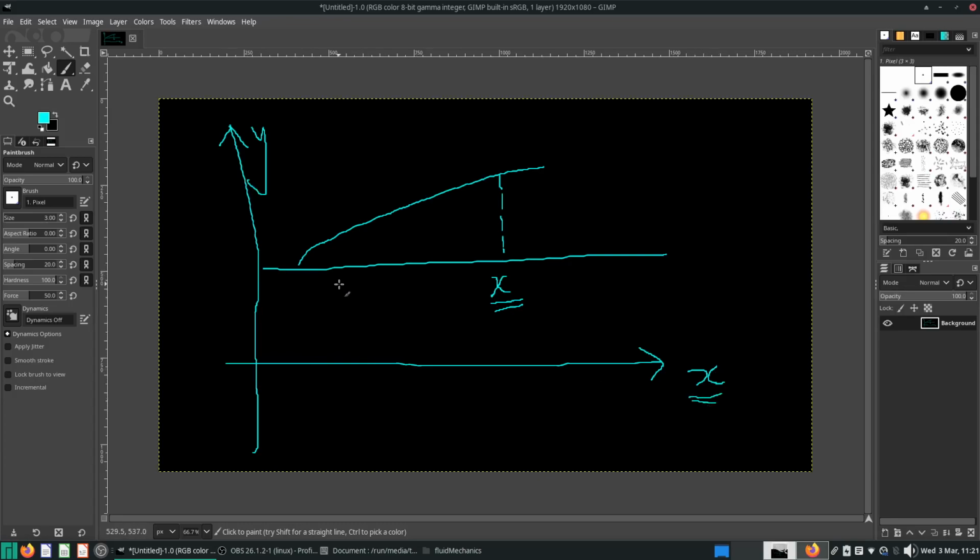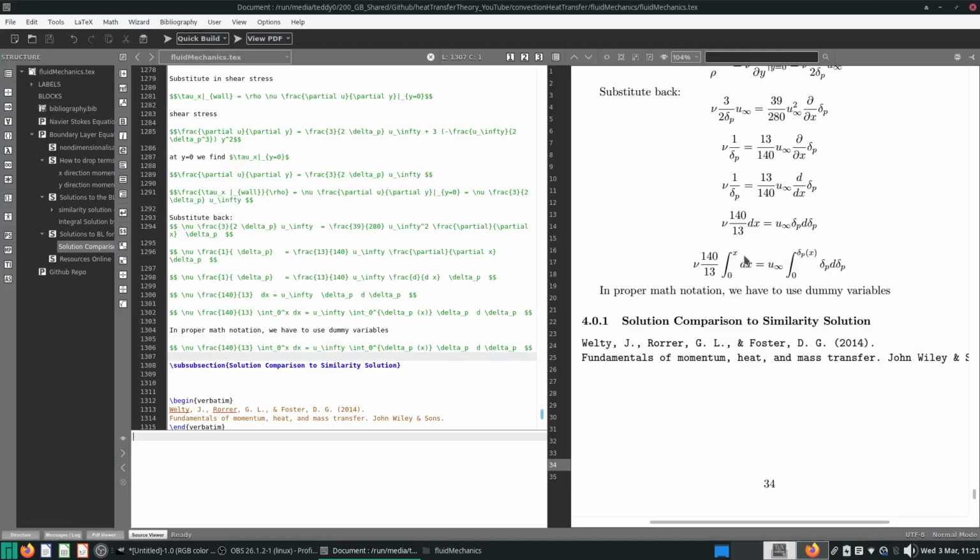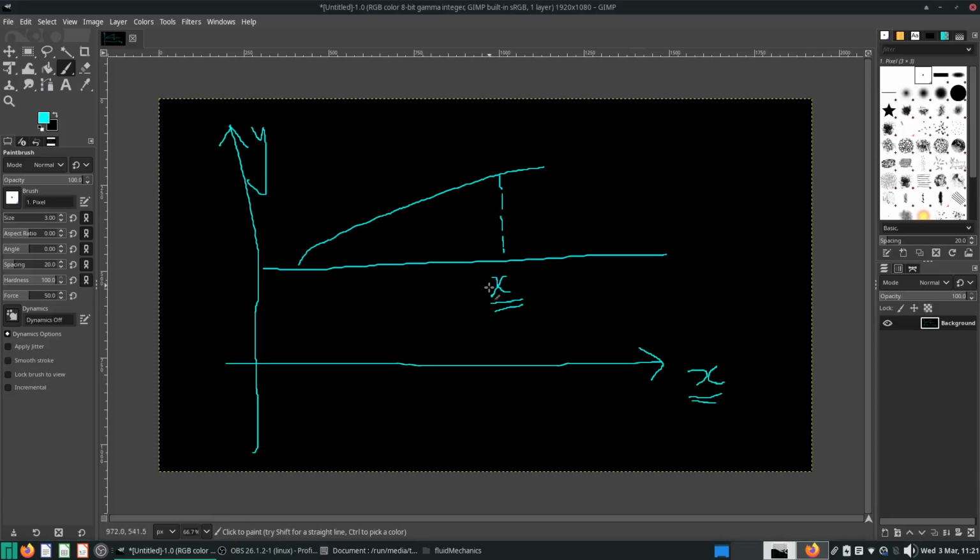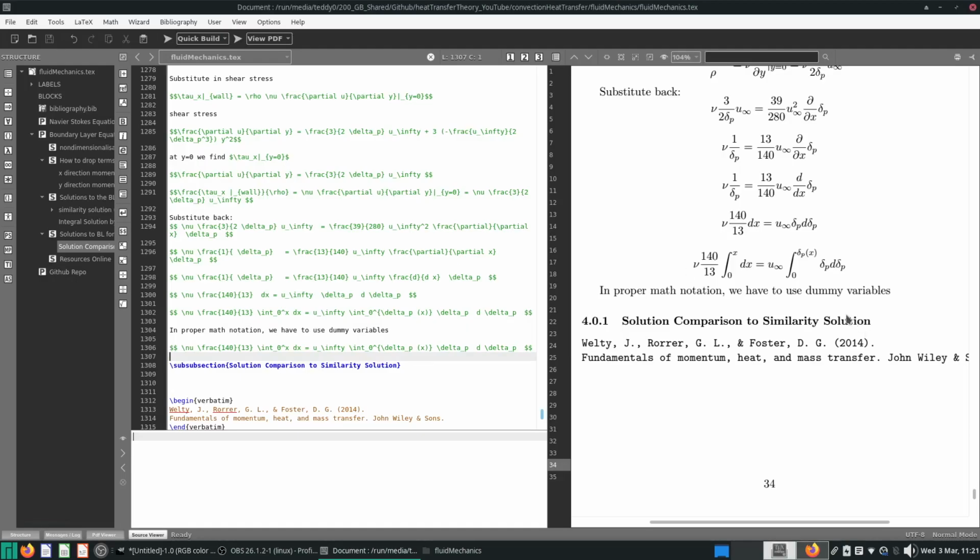We are performing this integration from 0 to x for the left hand side. Okay, x is some arbitrary point of our choosing, and of course at x, the boundary layer delta p will be delta p x thick. For this one it is a momentum boundary layer.